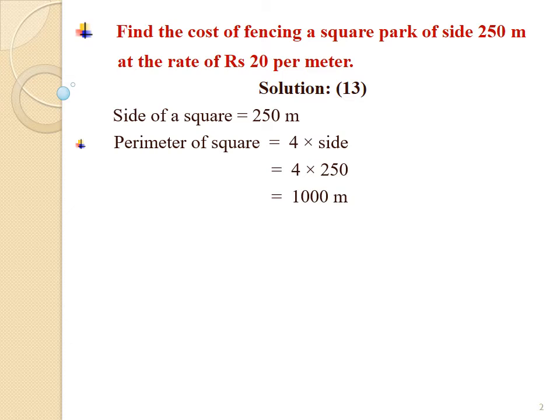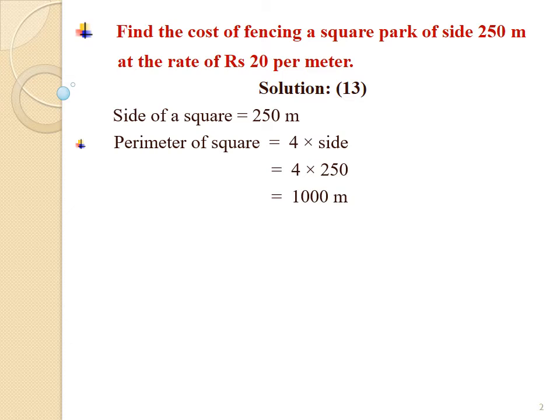Students, now we have to find the total cost of fencing the square park of 1000 meters. We know that the cost of fencing for 1 meter is rupees 20, and we have to find the total cost for 1000 meters.